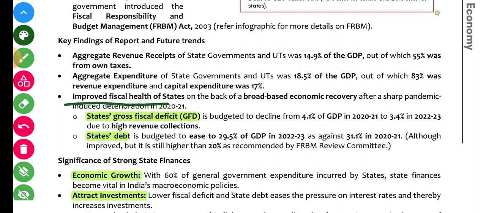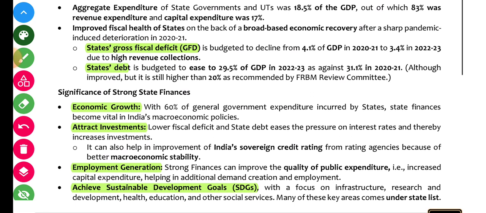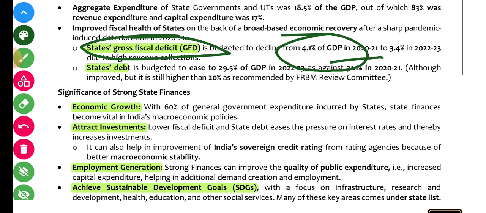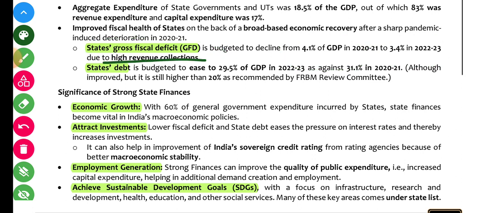Improved fiscal health of states on the back of broad-based economic recovery after a sharp pandemic induced deterioration in 2021. Okay, state gross fiscal deficit only 4.1% of GDP in 2020-21 and 3.4% in 2022-23. So you can remember. High revenue collection.